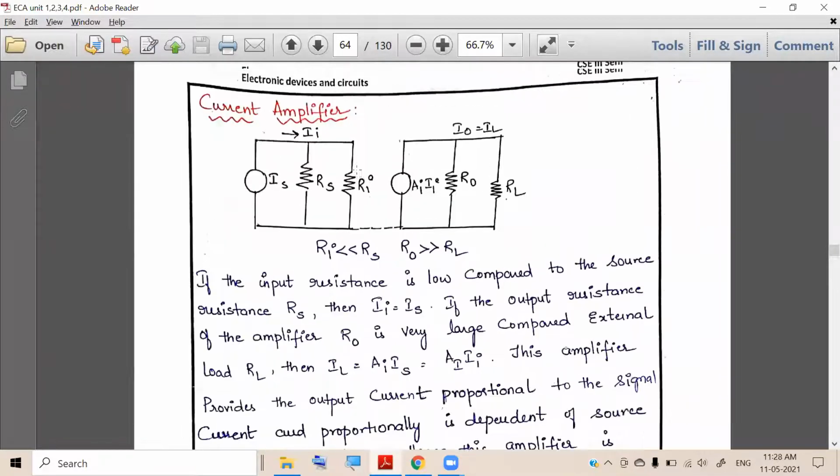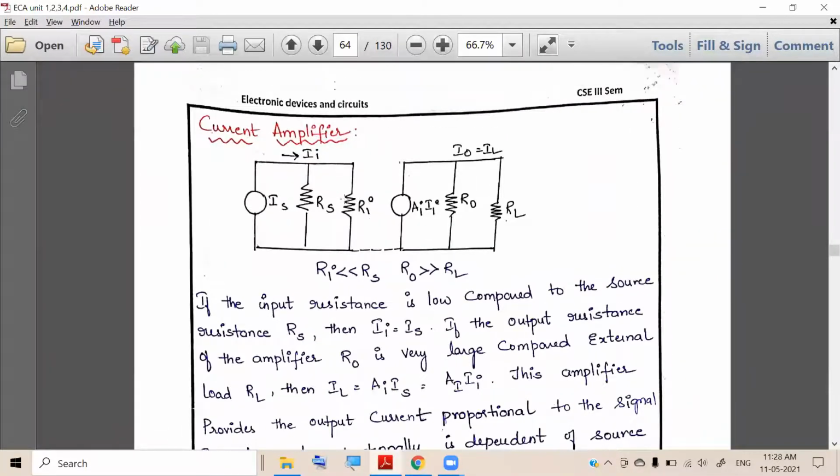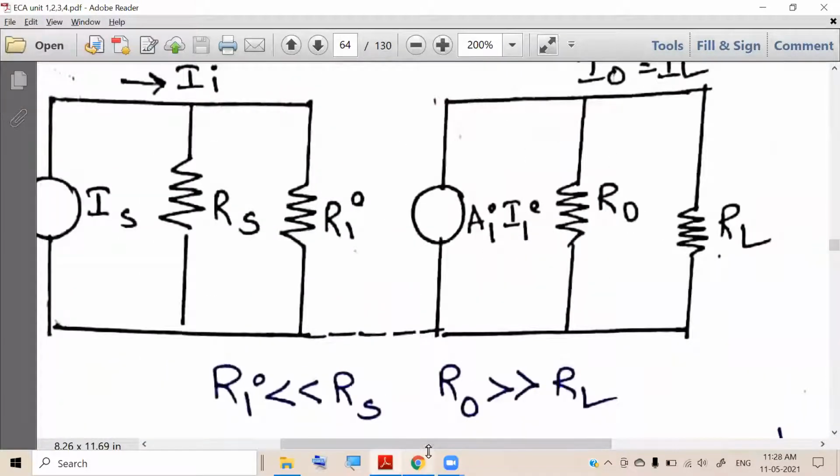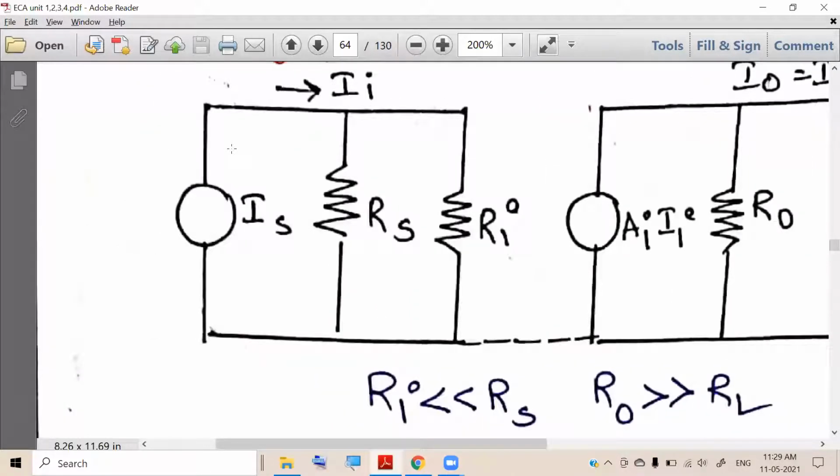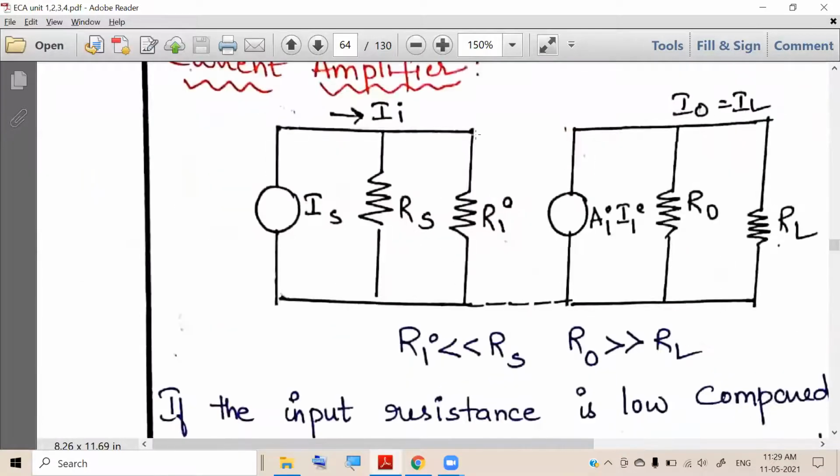If Is has to become equal to Ii, then the condition is that current always flows through low resistance, isn't it?